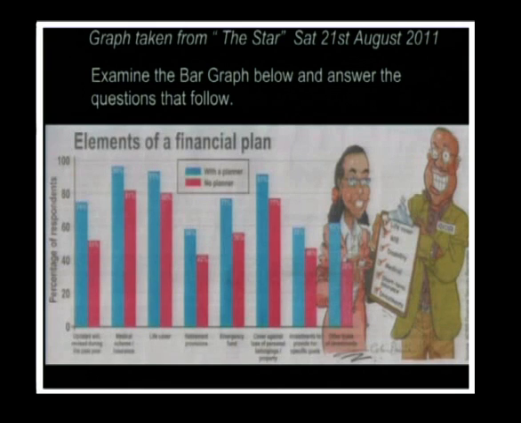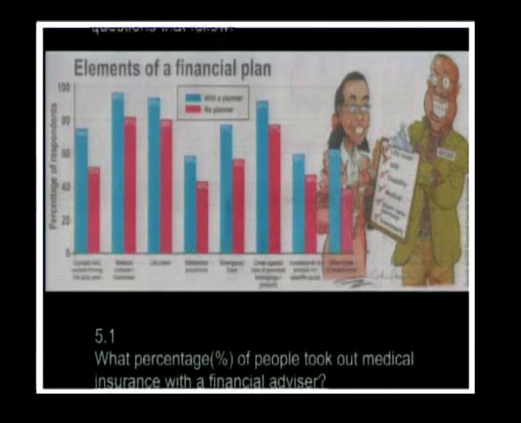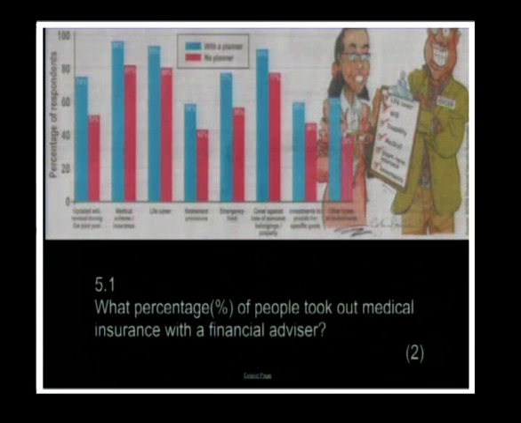And so these are questions that might have been gotten from a questionnaire, and here we have all the people who responded to that questionnaire, and we have a bar chart giving us all that information summarized. So let's have a look at the question. Question 5.1 says, what percentage of people took out medical insurance with a financial advisor? Now, the key says that the blue is with a financial advisor or planner, and the pink is without a financial advisor or planner.